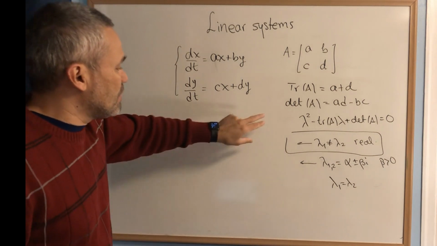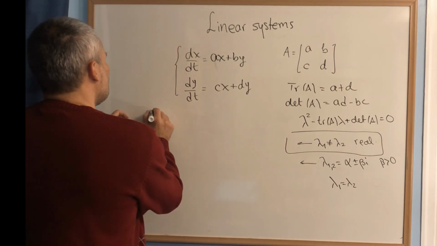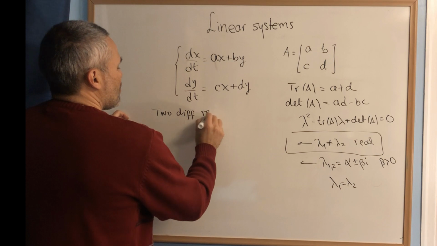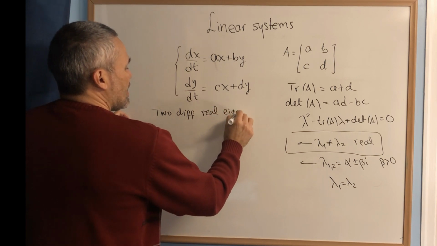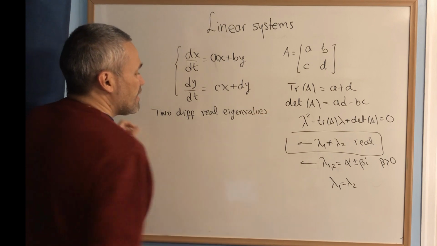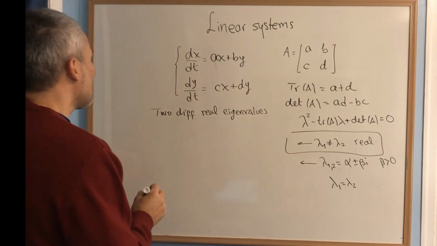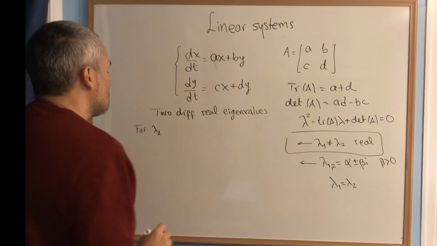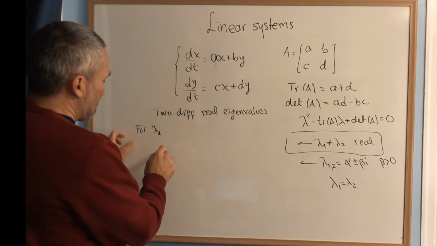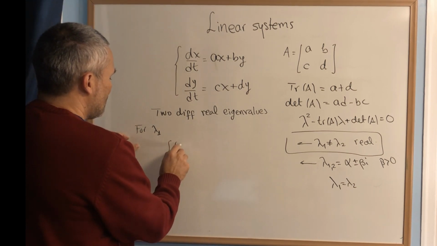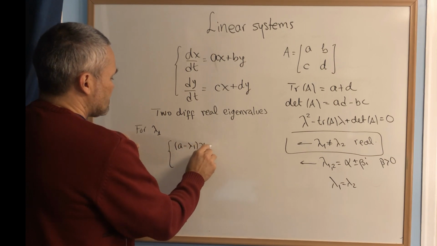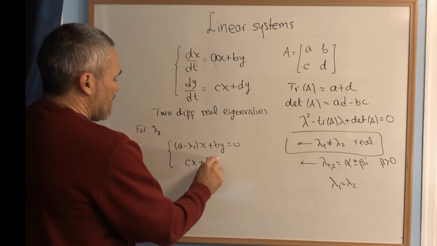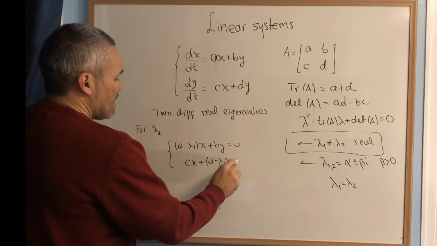Then this is the procedure. If you have two different real eigenvalues, what you need to do is find two eigenvectors. For lambda 1, you find the eigenvector that goes with lambda 1. Remember that you do this by solving this system: a minus lambda 1 times x plus by equals 0, cx plus d minus lambda 1 times y equals 0.